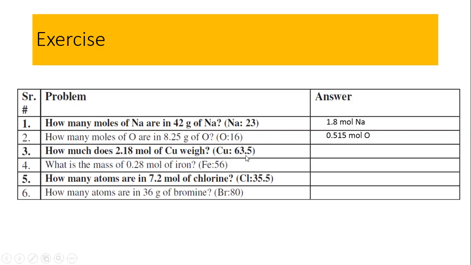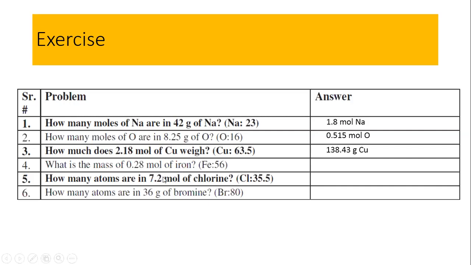You just multiply this AMU with the number of moles, and this will directly give the value of 138.43 gram of copper. So you are multiplying 2.18 with the 63.5, in the same way as I have shown you in the previous slides.